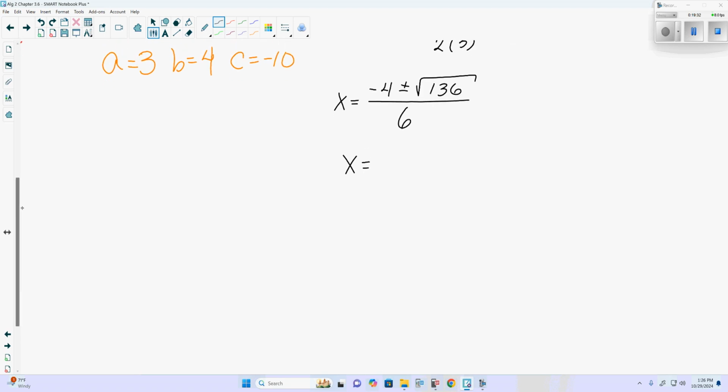And since it does simplify, we will need to simplify it. Questions on this here so far?